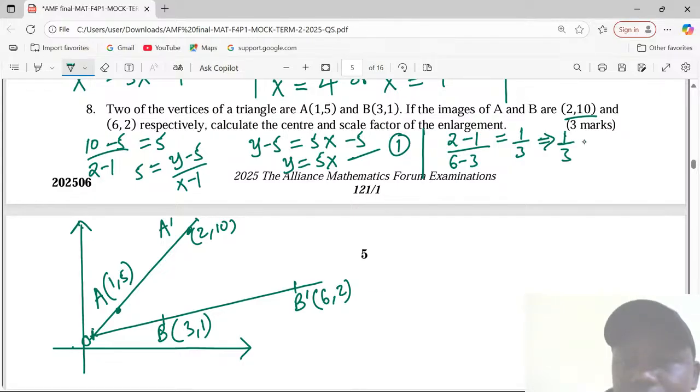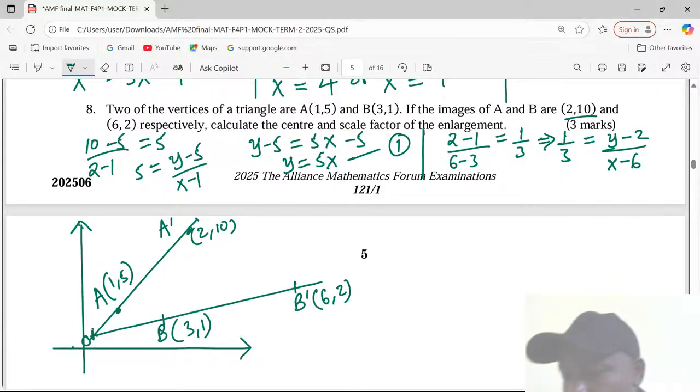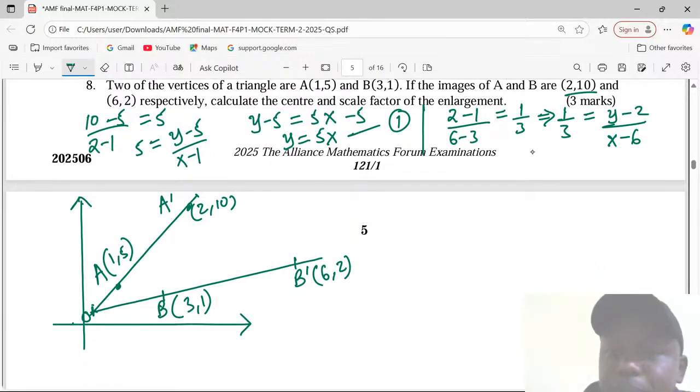A third equals change in y, y minus 2, out of change in x, x minus 6. So now we can cross multiply to have 3y minus 6 equals x minus 6.